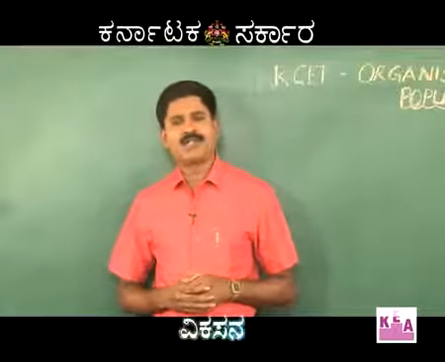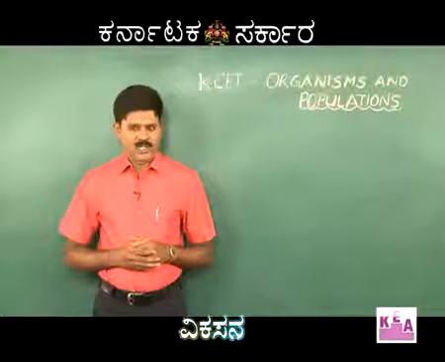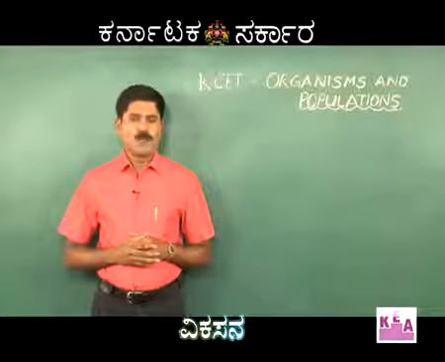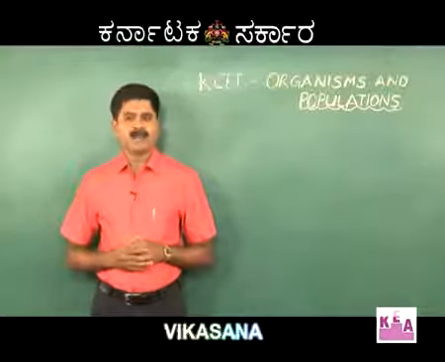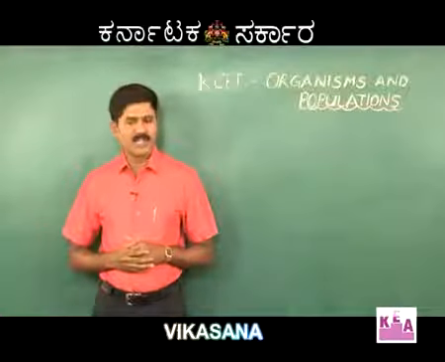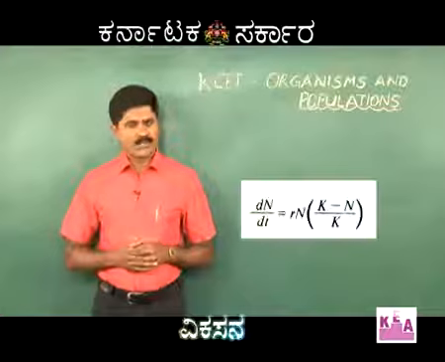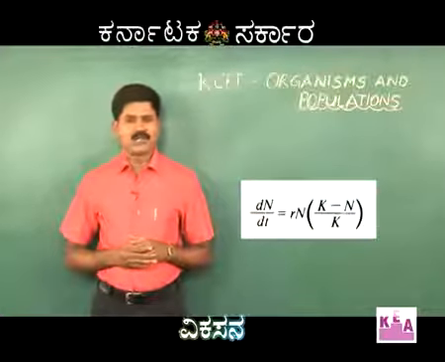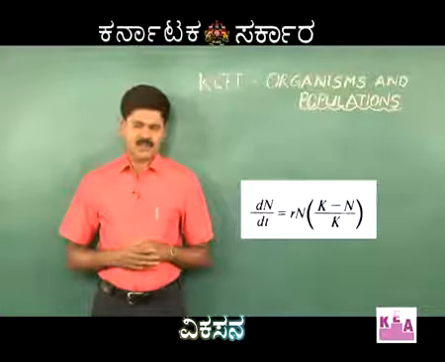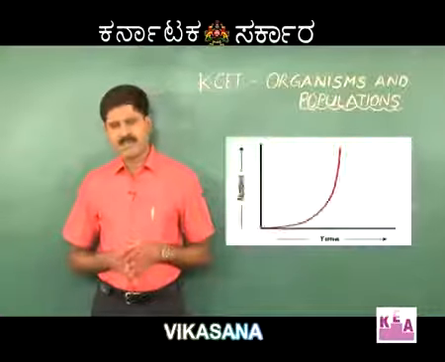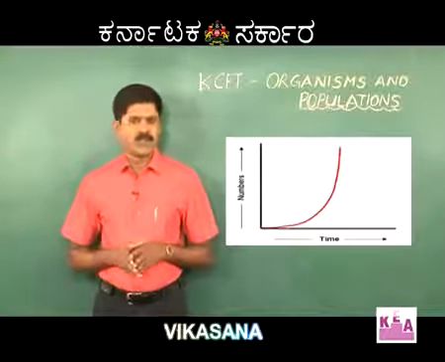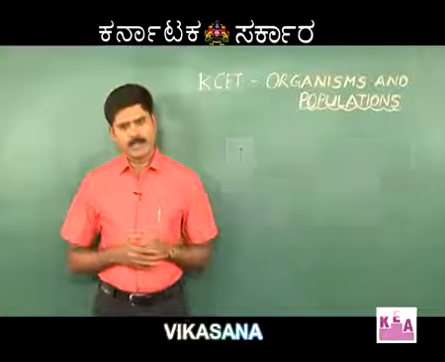Logistic growth is named after the Belgian mathematician Verhulst, who along with Pearl designed a mathematical expression for explaining logistic growth in human population. Therefore, logistic growth is also called Verhulst-Pearl logistic growth. Next one is exponential growth. Whenever the resources do not limit the size of a population, it is said to be of exponential type.